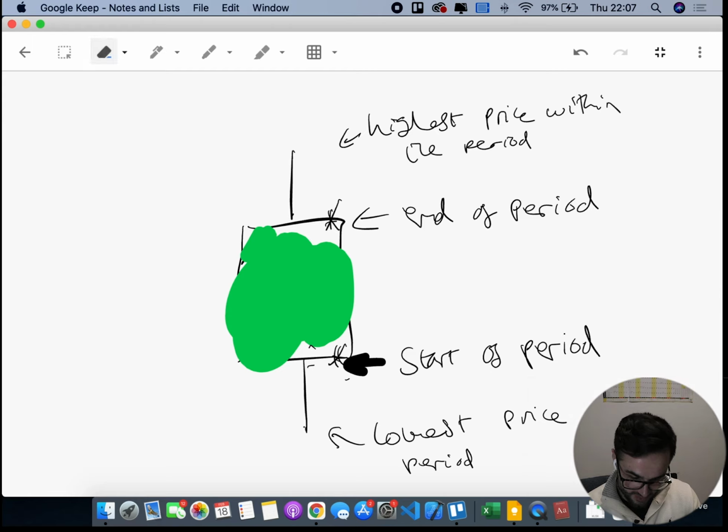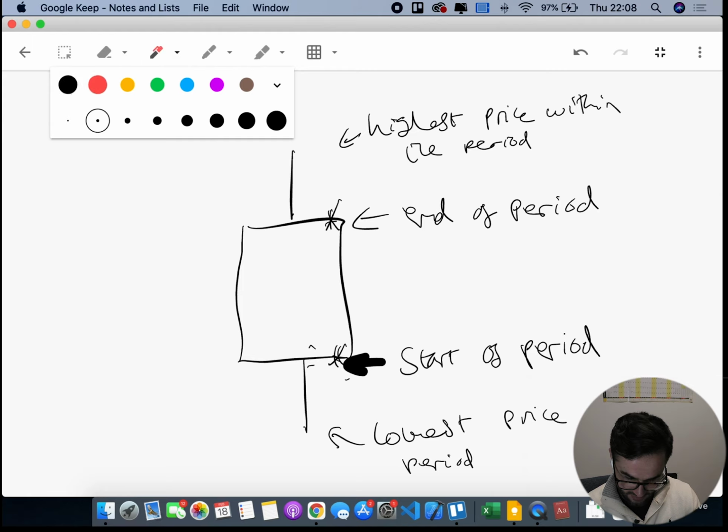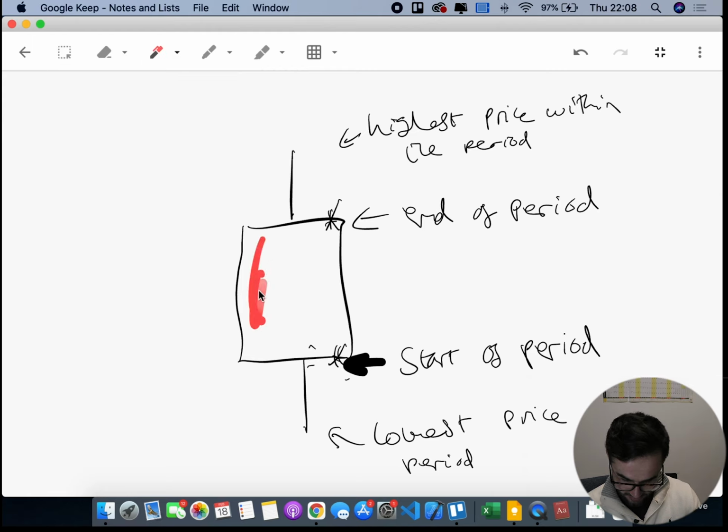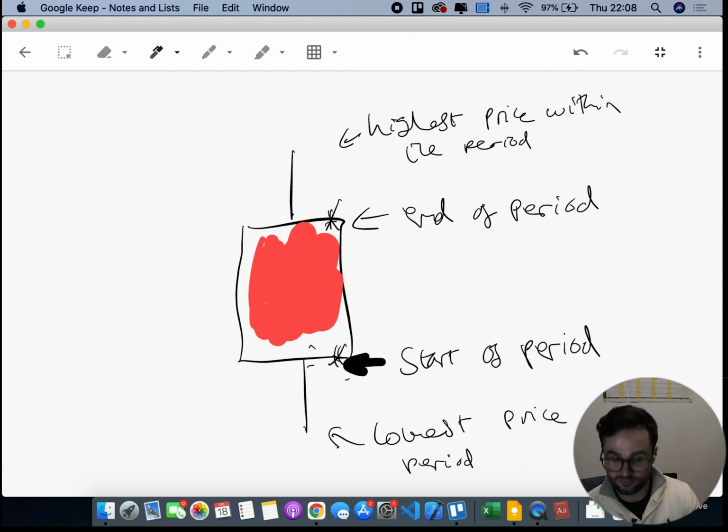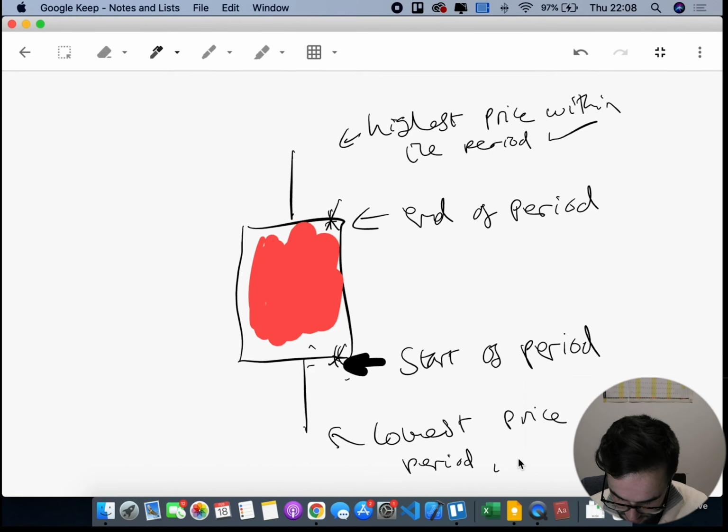Now let's say, for example, if this was actually a red candle, what would change? The highest price within the period, that stays. The lowest price within the period, that stays.